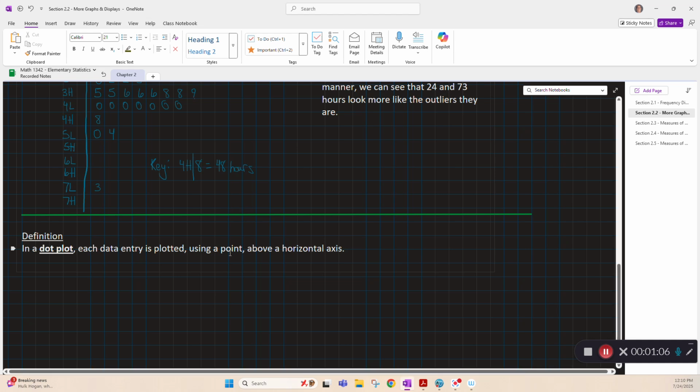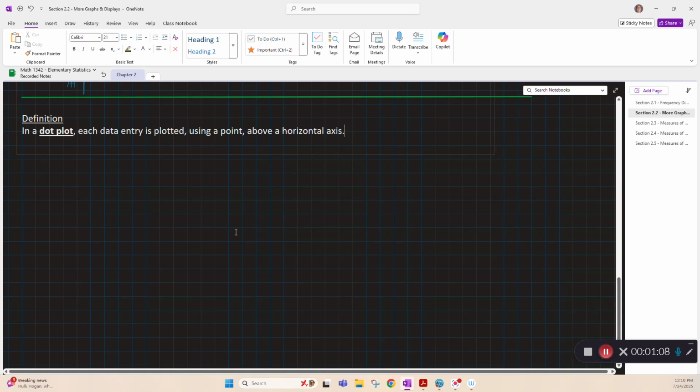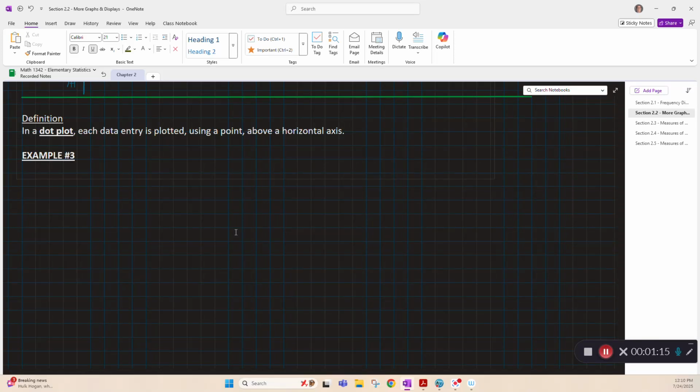Okay. So let's see an example. They want us to use a dot plot to organize the data set in example number 1.